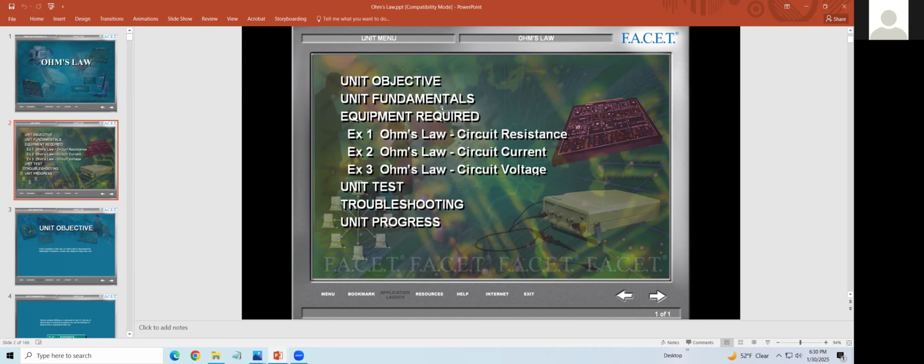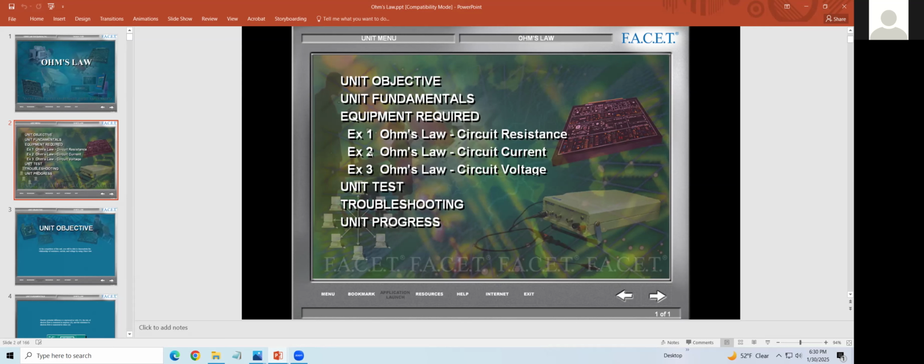If you want to really understand DC, AC circuitry, it takes 2 years. There's too much detail. We only spend time on the exercises. So you have to click on exercise 1.